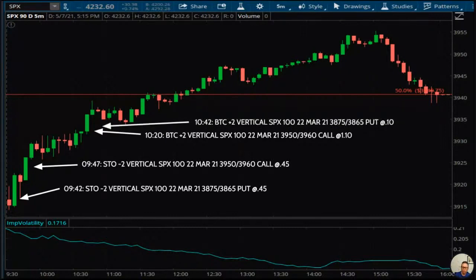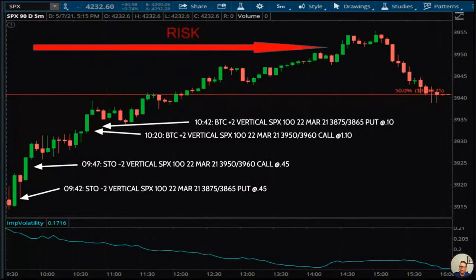Okay, so I took a small loss on this one. But remember, you're going to take losses, but you want to keep them small, right? So I took a small loss on this trade overall. All right. And this is why I got out. Okay, so you can see here that the market went up through 35, a little bit through 55.